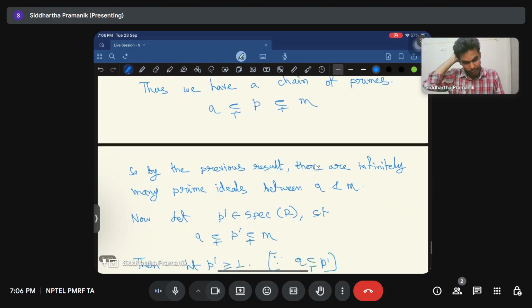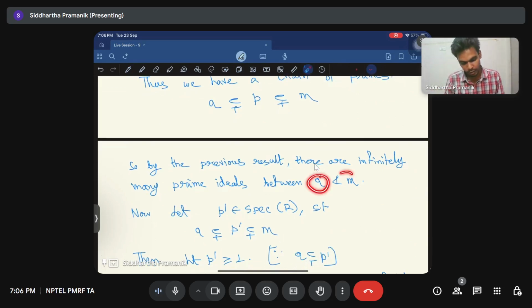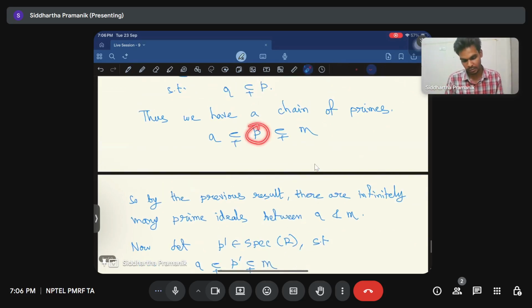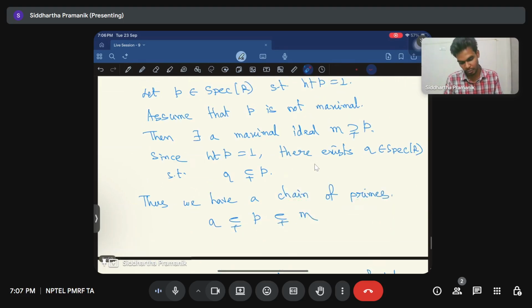So we cannot have any prime ideal between Q and M, but P is one such. So what we have assumed is wrong. So P has to be maximal.